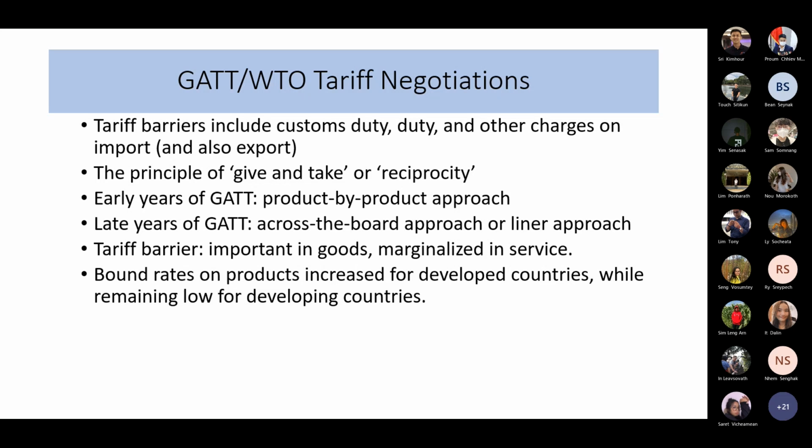One pair, two pair, 1 kilogram, 2 kilogram, 1 square meter, 2 square meter. So it's very easy to quantify, to measure, and then apply tariff right away. But service, impossible.